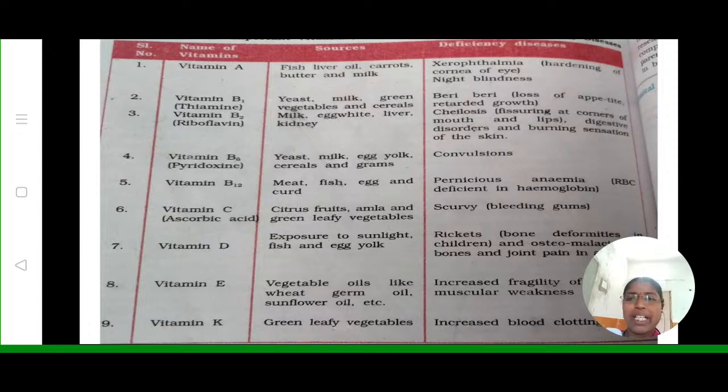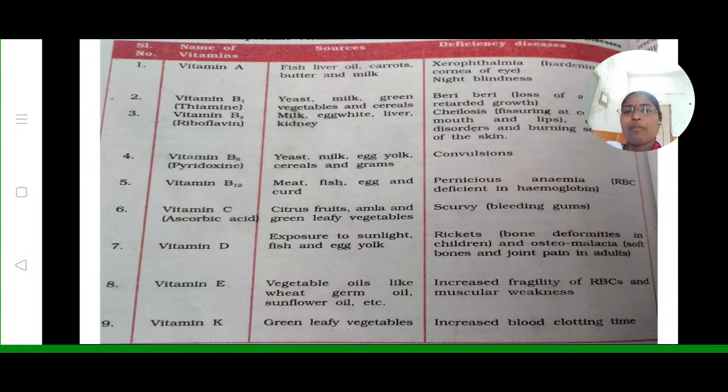Next, go to vitamin D. The scientific name of vitamin D is calciferol. The sources of vitamin D are exposure to sunlight, fish and egg yolk. The deficiency of vitamin D is rickets.